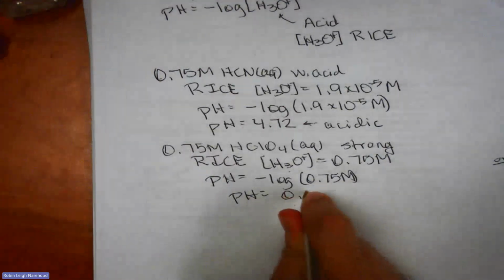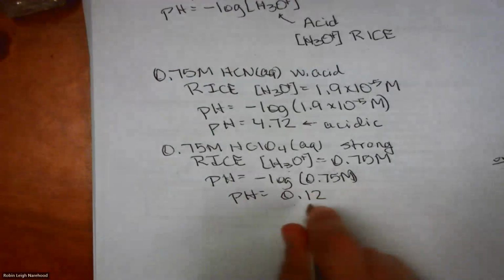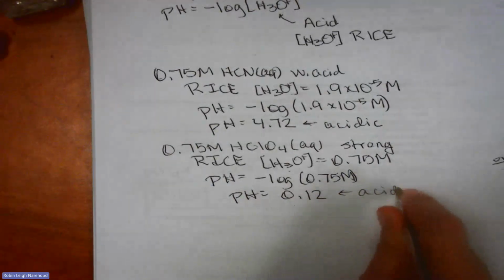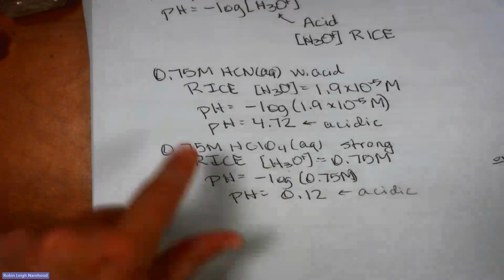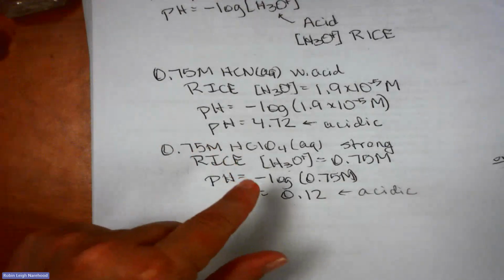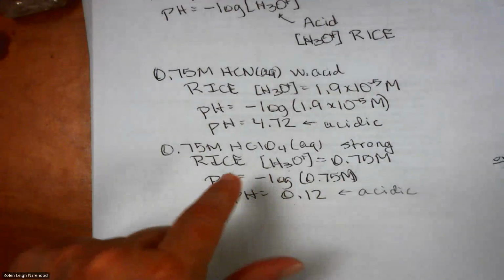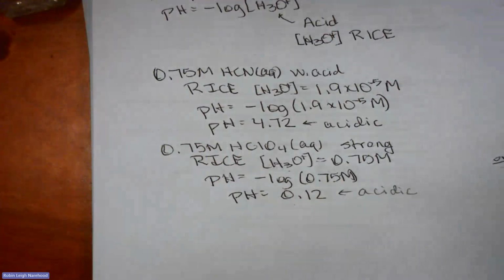So I got 0.12. That is acidic. So if you look at these two, both of them are 0.75 molar acid. This one is more acidic because more hydrogen came off our acid molecule and became hydronium, because pH is a measure of the hydronium, not the acid.